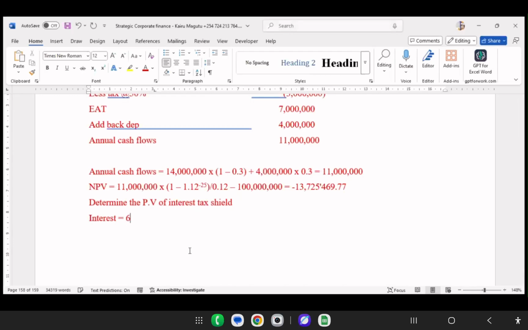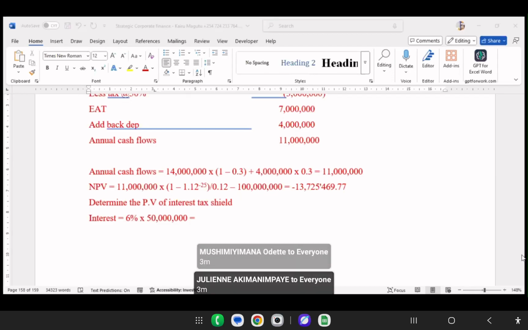You pay the interest at 6% on the 50 million. That is the interest that they will pay. How much is 6% of 50 million? 3 million.